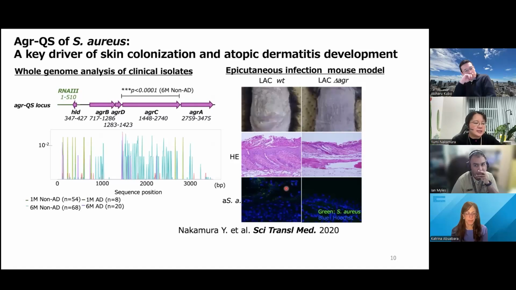In contrast, AGR quorum sensing deficient strains did not colonize the skin, nor did they induce inflammation. These results demonstrate that the AGR quorum sensing of Staph aureus is a key driver of skin colonization and the development of atopic dermatitis.